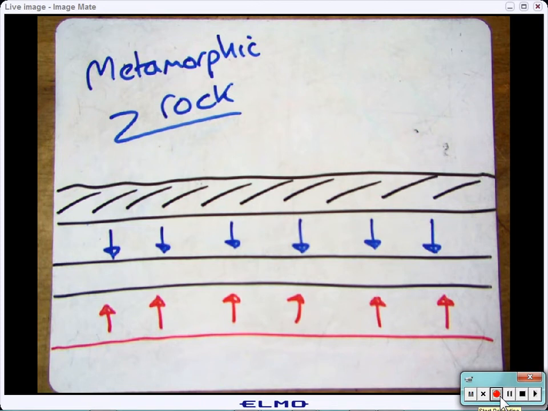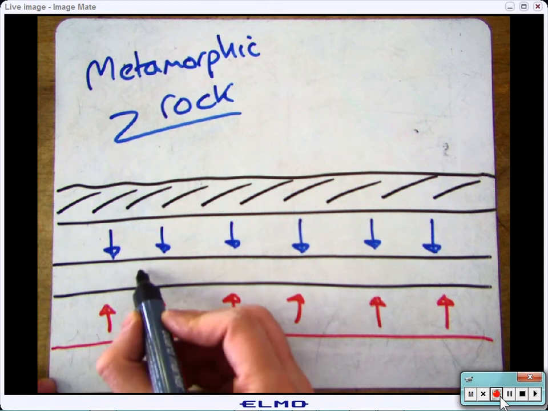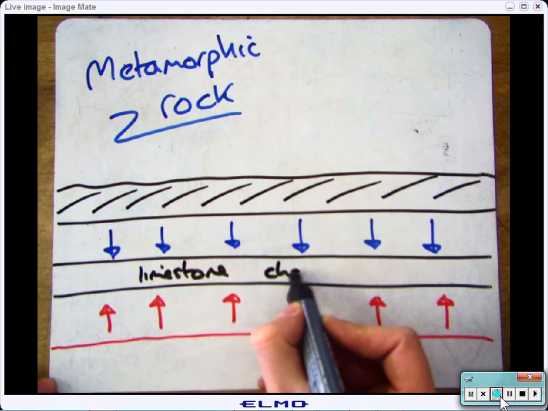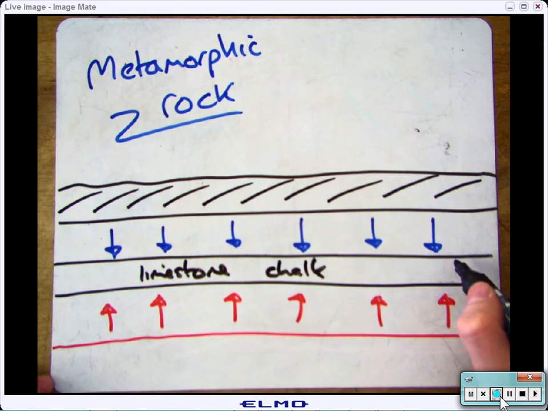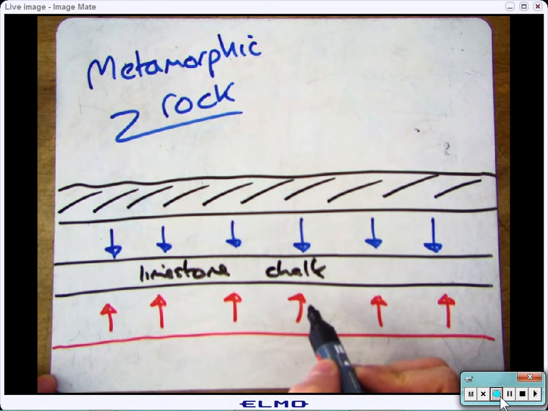Metamorphic rock is usually formed from sedimentary. So in here, as more and more layers build up, you get your limestone or chalk building up in the bottom. As more and more layers go on, there is more and more pressure. As that pressure builds up, and as you get heat from the earth, this limestone will begin to change.